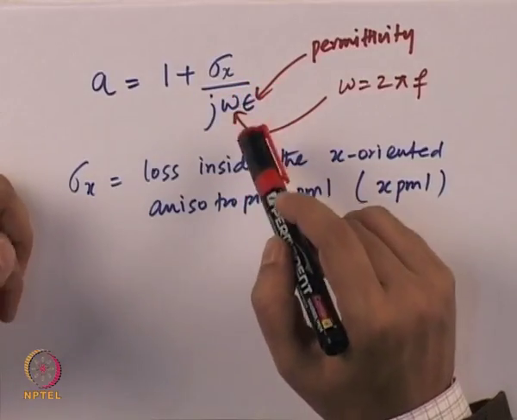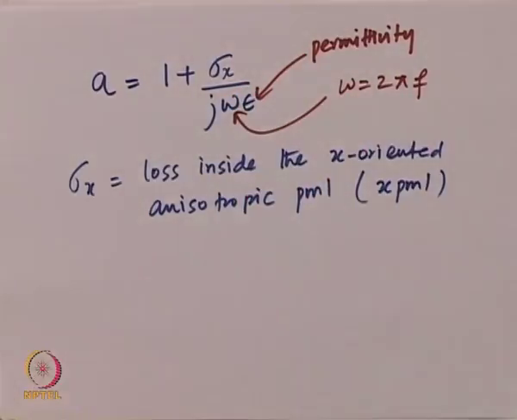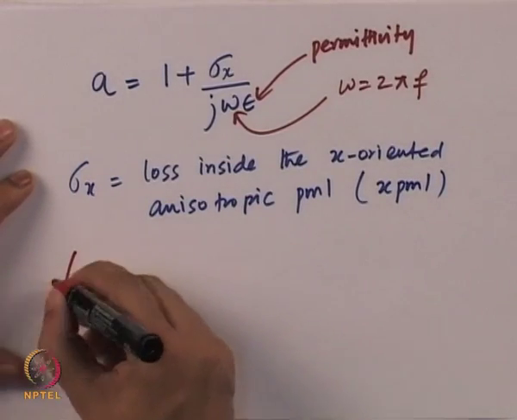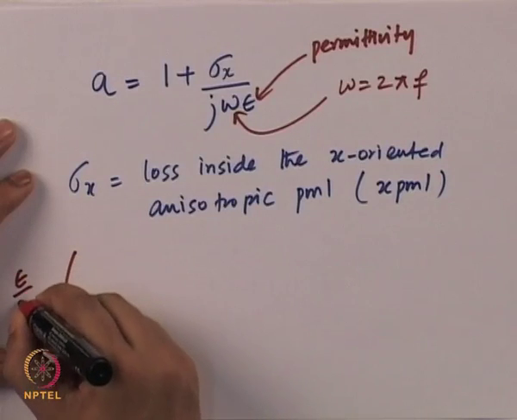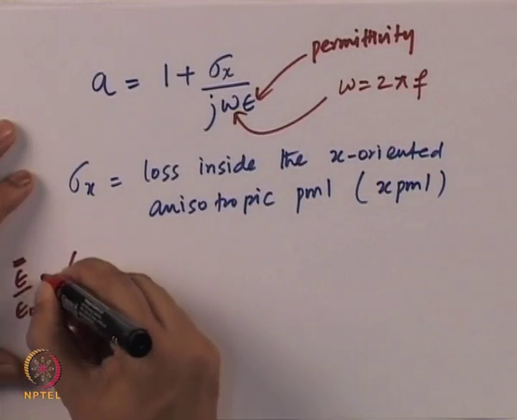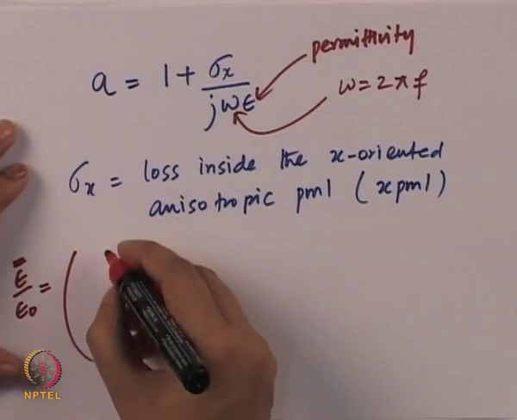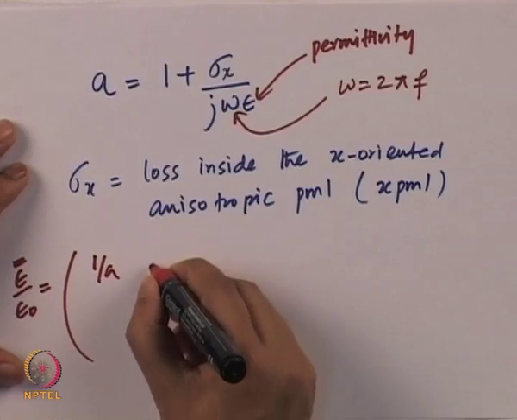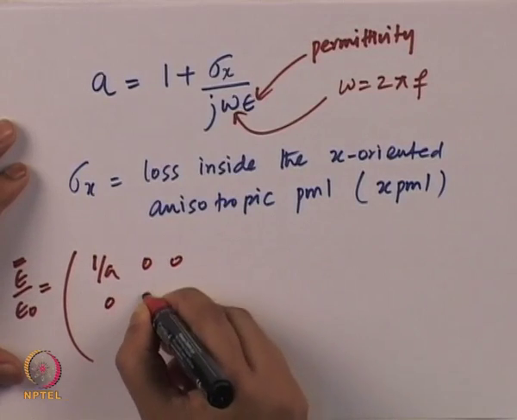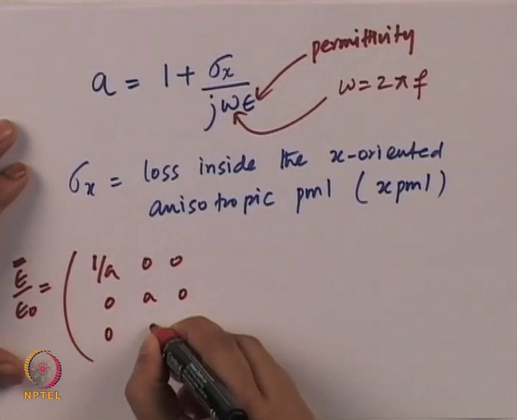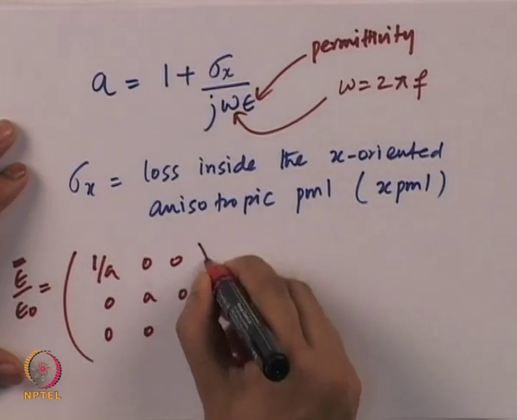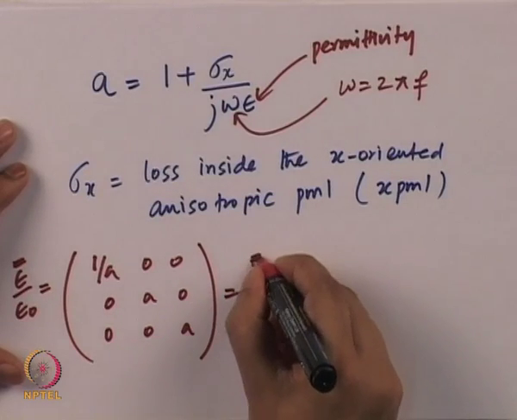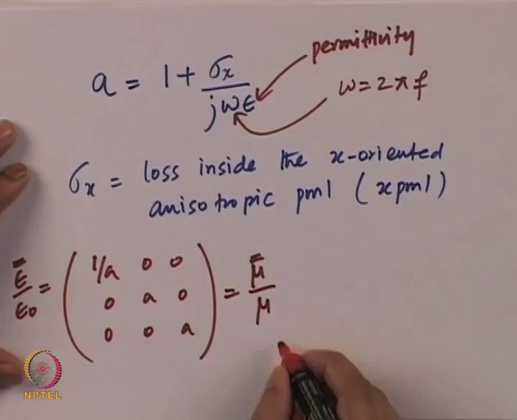So now let us take this equation a equal to 1 plus sigma x divided by j omega epsilon and plug it inside the equation what we have got. So we will get the value for epsilon divided by epsilon naught equal to 1/a, 0, 0, 0, a, 0, 0, 0, a, and that is going to also be equal to mu divided by mu naught.